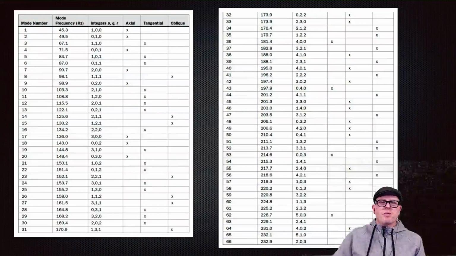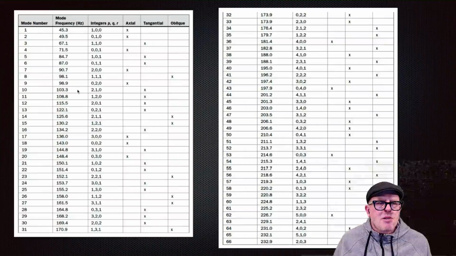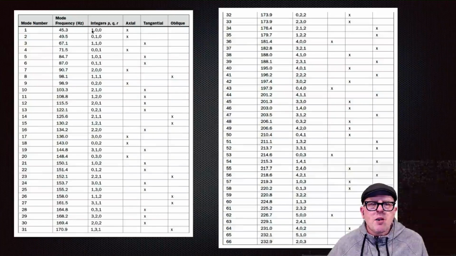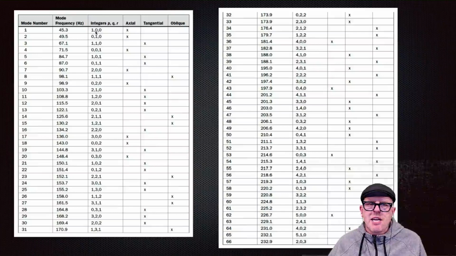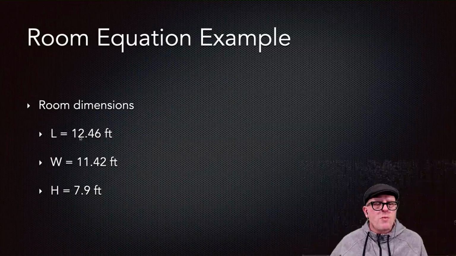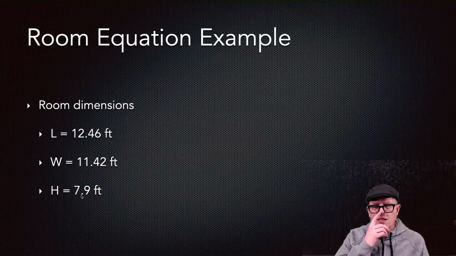If we look at this thing right here, what they did is they plugged these numbers in. They're looking at what we call the 100 mode. The 100 mode basically says I'm looking at the first mode of oscillation in one axis and not the other axes. So this is an axial mode, and this is for this room dimension: a room that is 12.46 feet by 11.42 feet by 7.9 feet high.